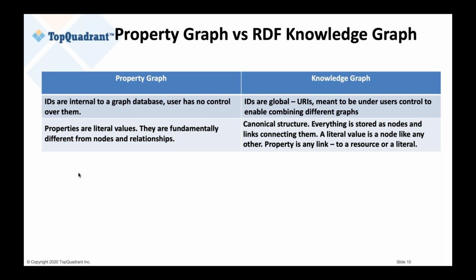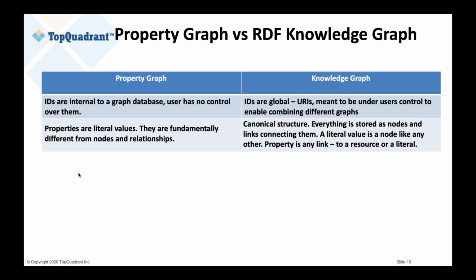In fact, even in terms of terminology, you'll hear some differences, because when we talk about properties for RDF knowledge graphs, we mean any property that Tom Hanks may have, whether it's the fact that he acted in The Post, the fact that he directed League of Their Own, the fact that he was born in 1956.